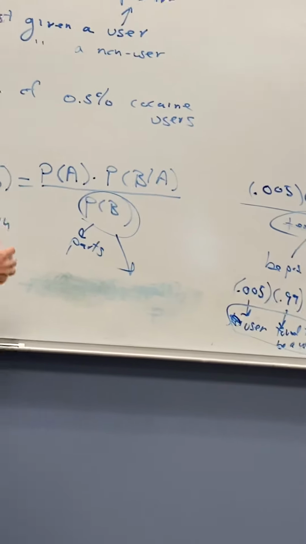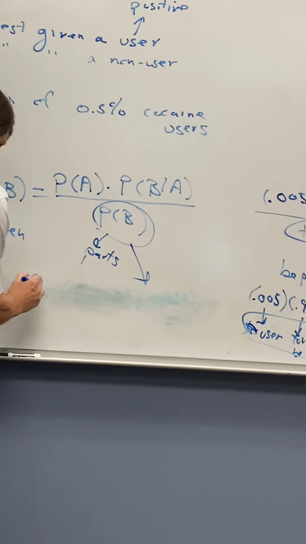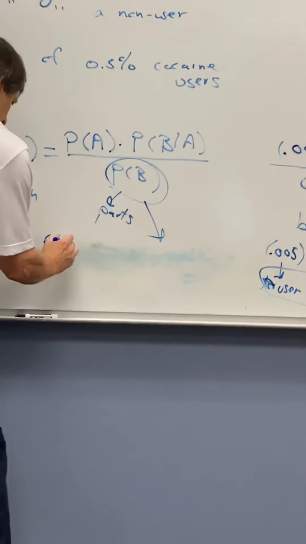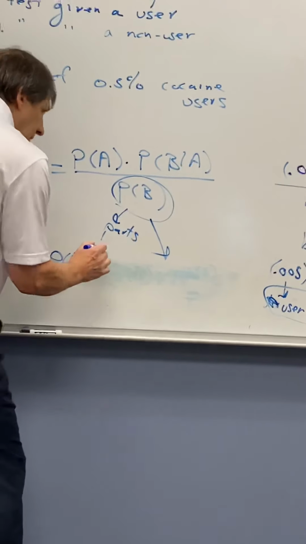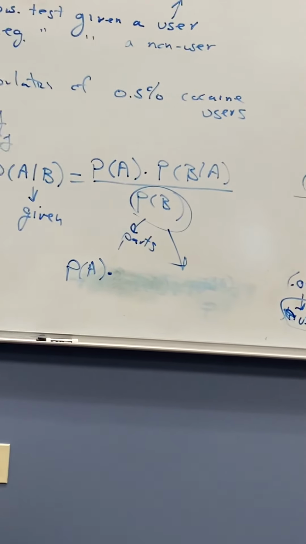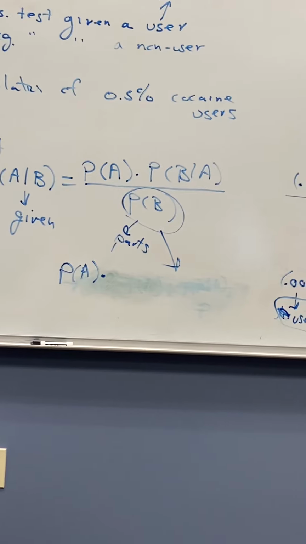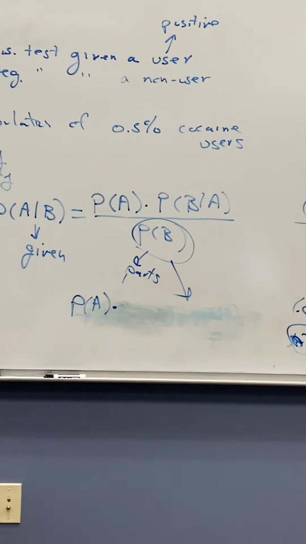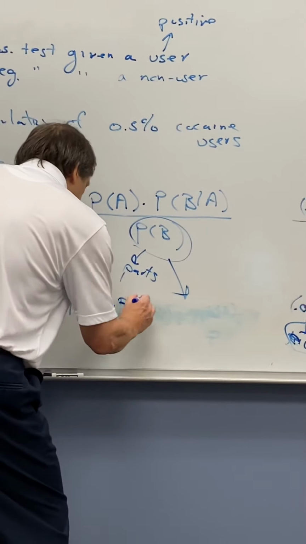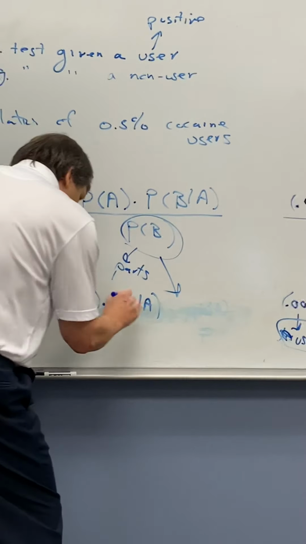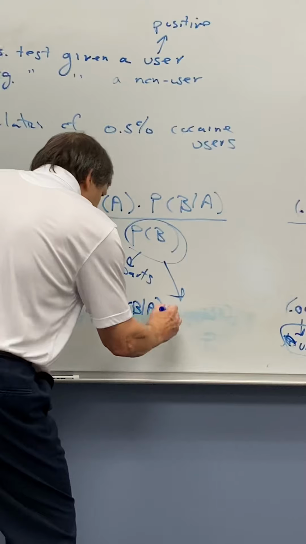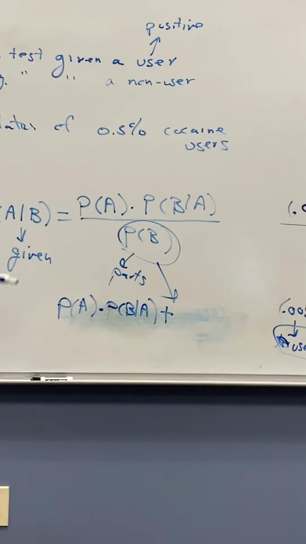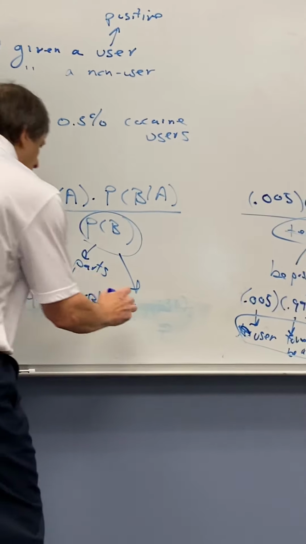Again, we can either be a user, which is the probability of A, and we can be found to be a user, which is testing positive. That's the probability of B given A. I left this given out before. Plus, this second part is the probability of a non-user.